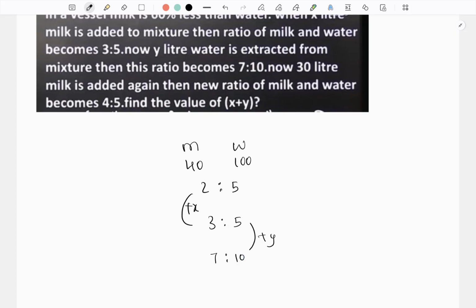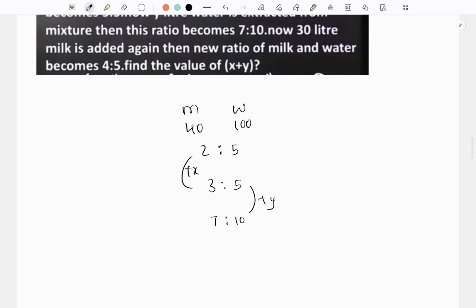Now 30 liters of milk is added again, and the ratio of milk and water becomes 4 is to 5. The value of X plus Y they are asking.